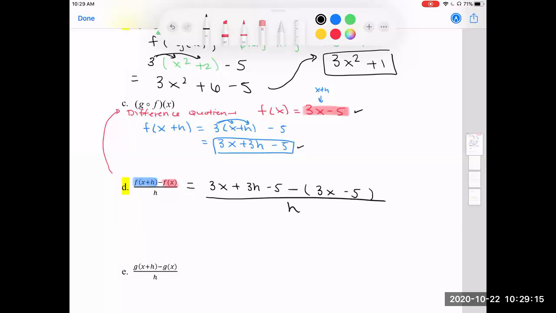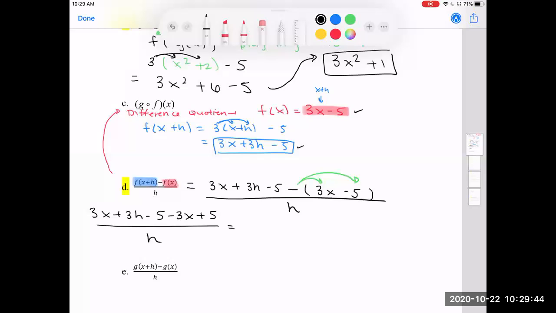And when I'm grading your problems, I'll also grade your work. So if you had a misstep, I can give you partial credit for it. Now what we do here is we have to redistribute that negative since we're subtracting the entire function. So that we have 3x plus 3h minus 5 minus 3x plus 5 all over h.